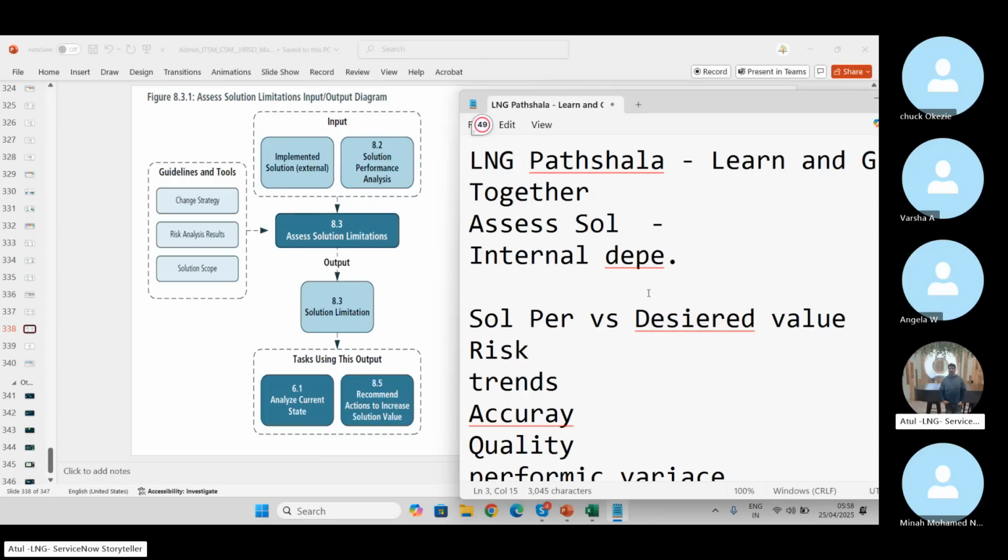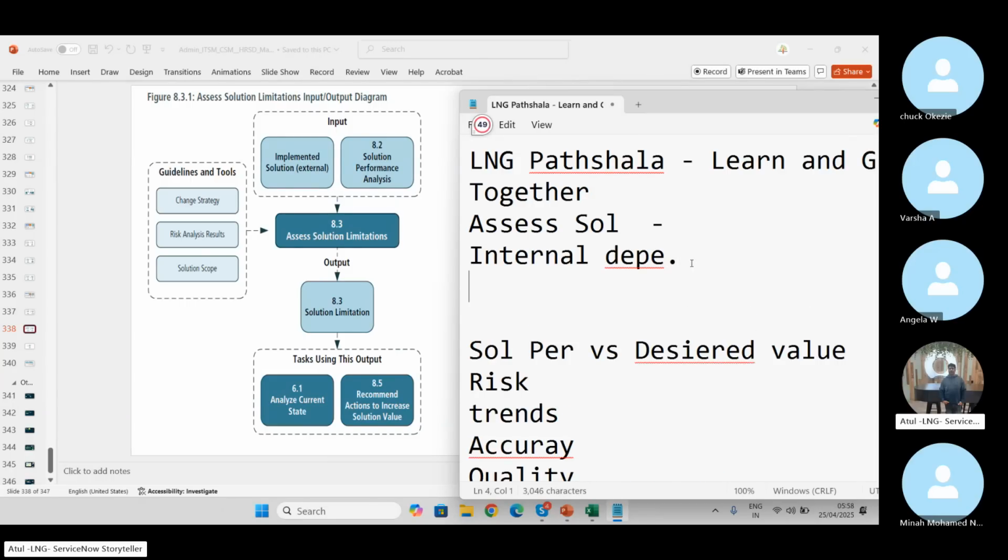Second, once you find a dependency, then you have to find out the internal problem. Why don't departments want to use the incident management process of ServiceNow?